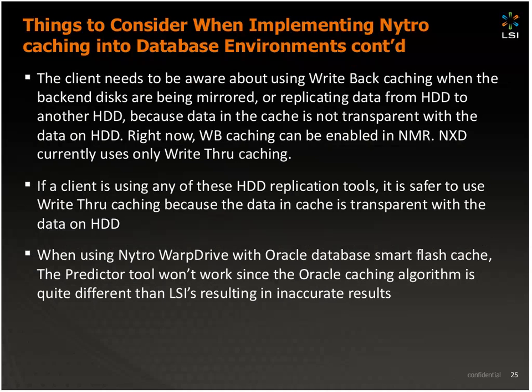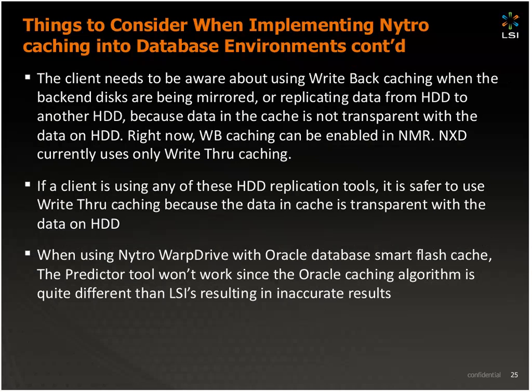The client also needs to be aware of write-back caching when the back-end disks are being mirrored or replicating from one hard disk to another, because data in the cache is not transparent to data on hard disk. It takes seconds to minutes before they're transparent.